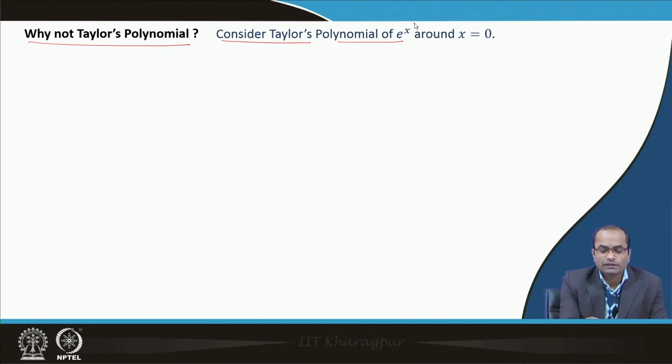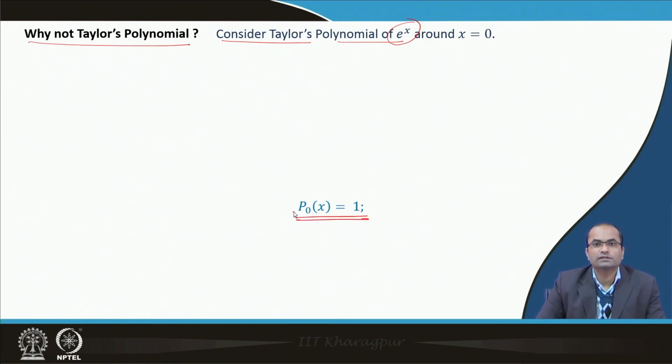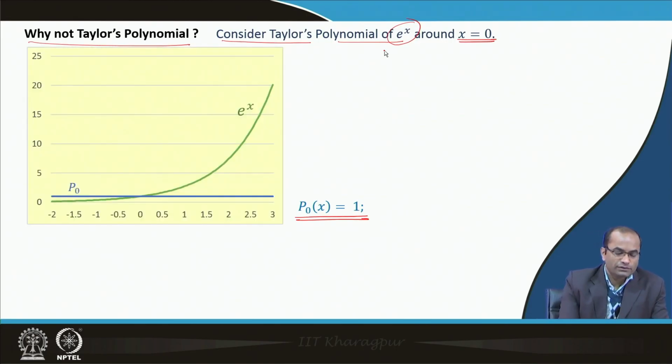So, constructing the Taylor's polynomial, for instance, for e^x, the exponential function, around x equal to 0. The first polynomial, of degree 0, is a constant function, that is 1, because that is just the function value there. So, f(0) = e^0 is 1, and if we plot this, this was the exponential function here, and this is the constant function.